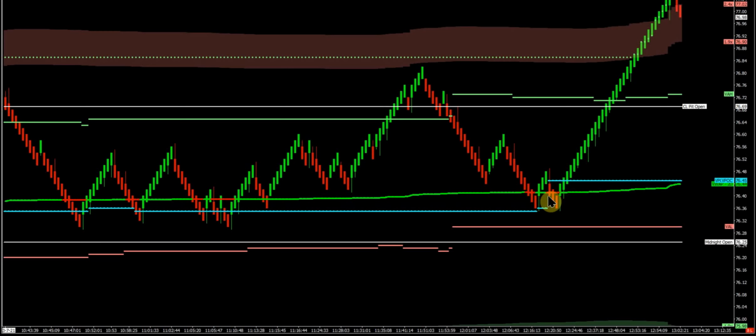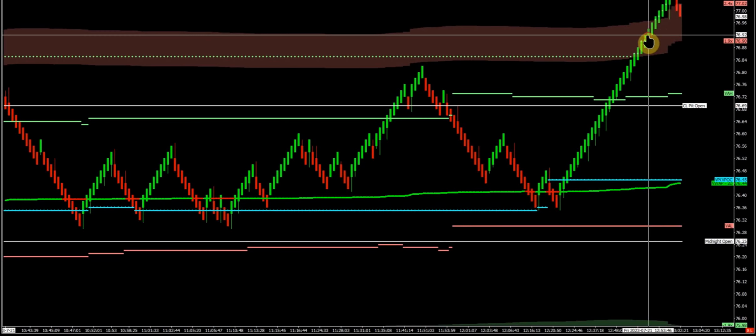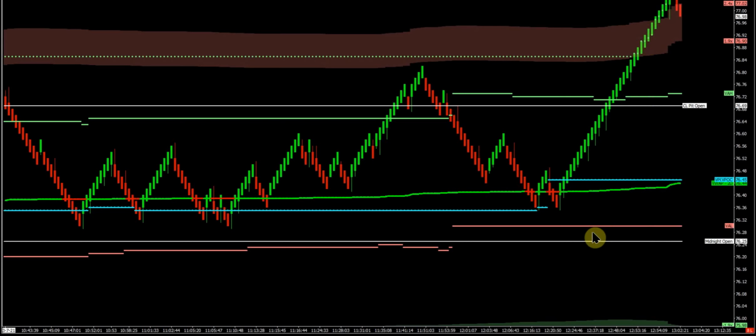I got in about 12:20, and it shot north. So you're looking at about a 30-minute trade. There's 76.91 at about 12:53, so a 30-minute trade or so.